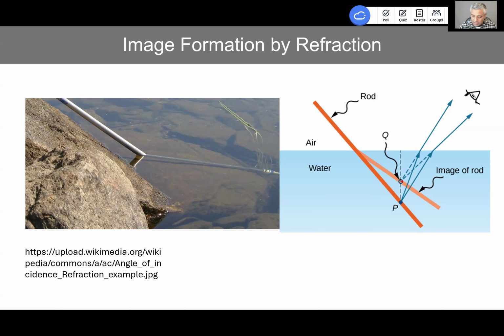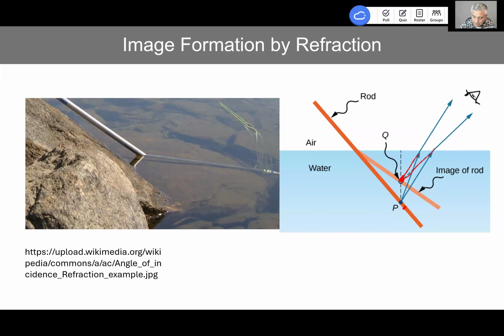So what happens? The light coming from here, let's say this point is the original point, so the original rod is here. Once light starts going and reaches the boundary of the water, they refract away by making a larger angle. So they are not just coming straight. When you are looking from this side, you are seeing this light bent, and for our brain, light travels always in a straight line, so it appears as if it's coming from this point.